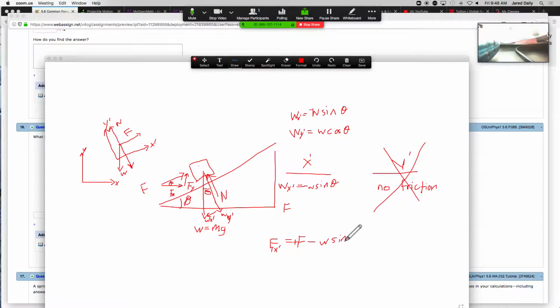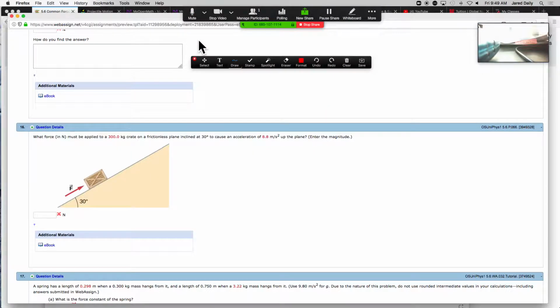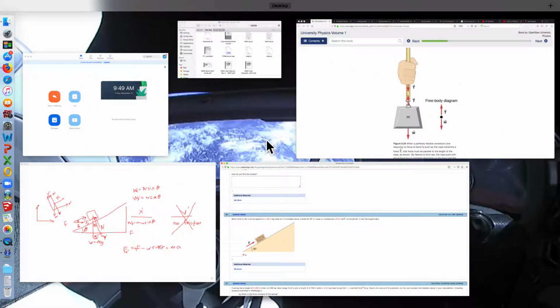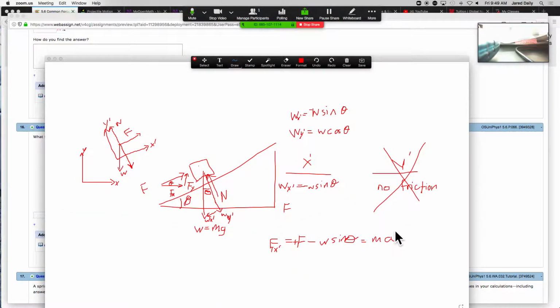And those are all of our forces. They have to add up to equal the mass of the box times the acceleration of the box, which they've already told us. They've told us that the box is going to accelerate up the plane at 8.8 meters per second squared. So our acceleration is 8.8 right here.